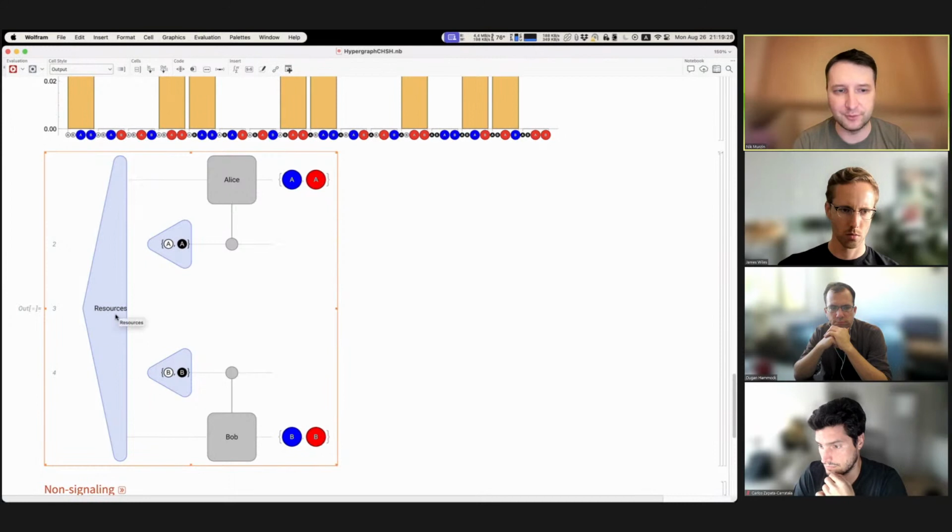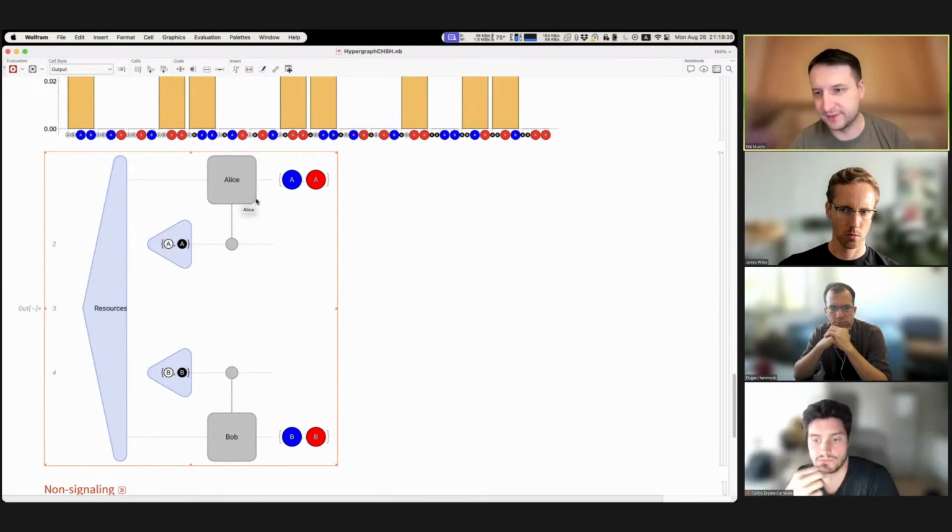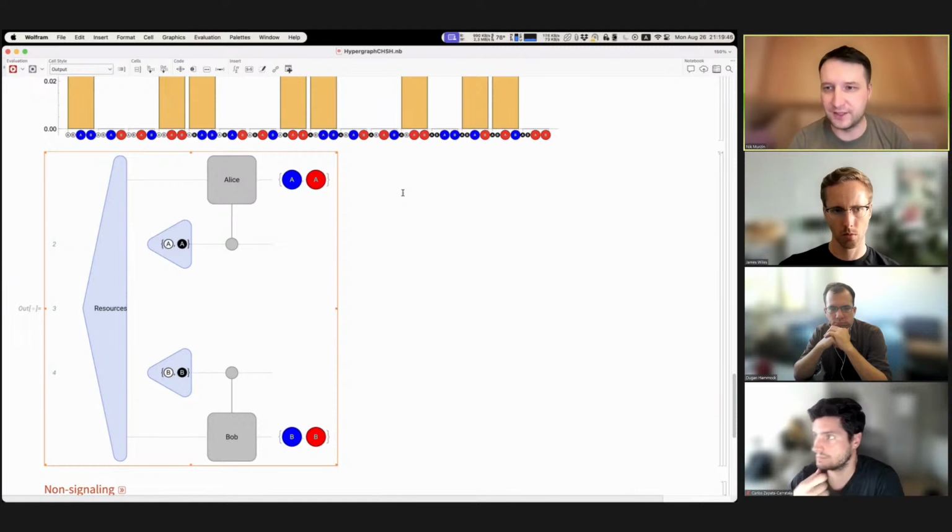You can diagrammatically represent it by this, and the inputs control their secret boxes. They have some machines available to them that are controlled by the inputs, so that they can manipulate their shared resources and provide an outcome. That's the circuit diagram that represents what can actually be constructed.